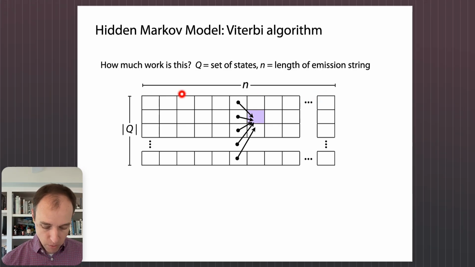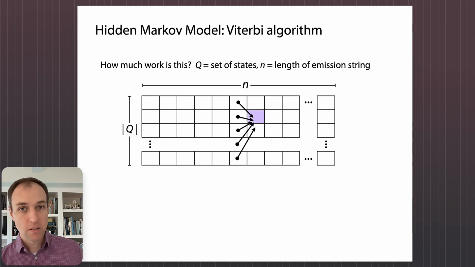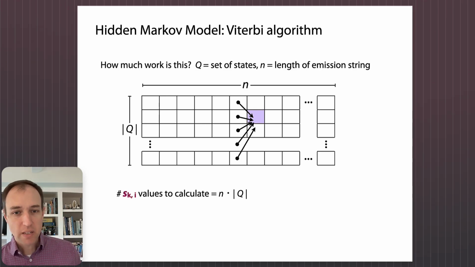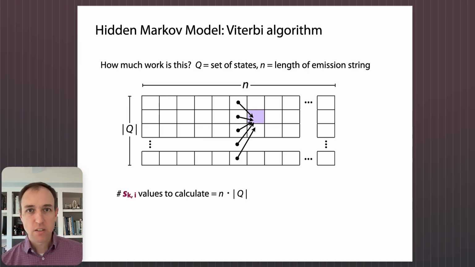Whatever emission string we're considering has some length, let's call it n, and that's the number of columns. So the number of elements we have to fill in is n times size of Q.